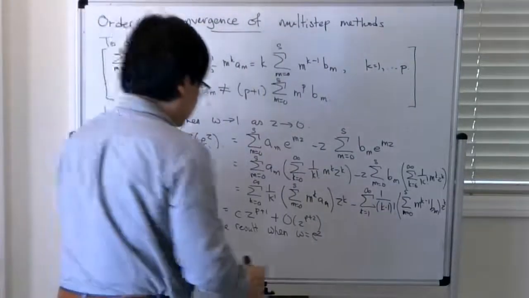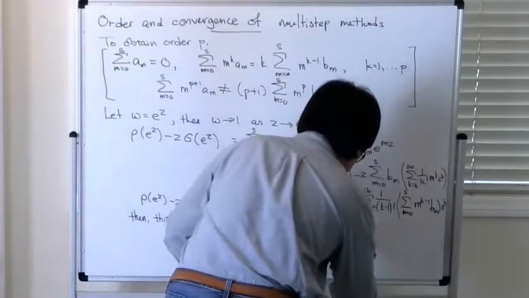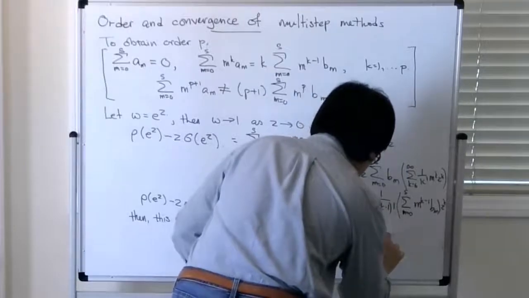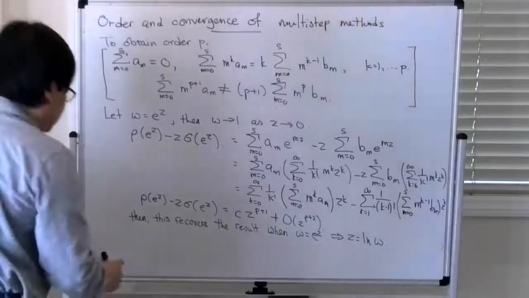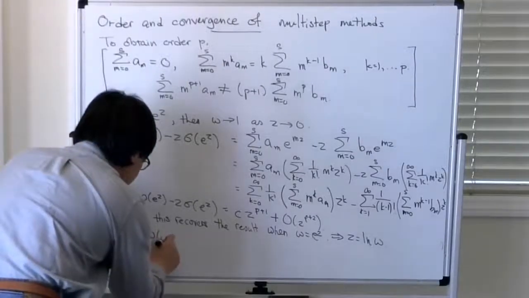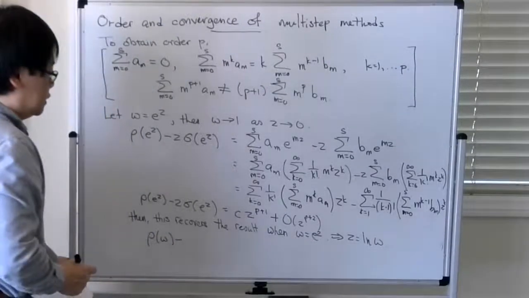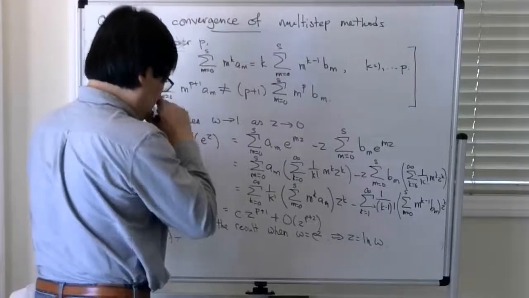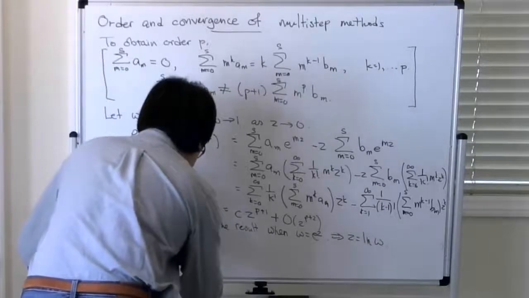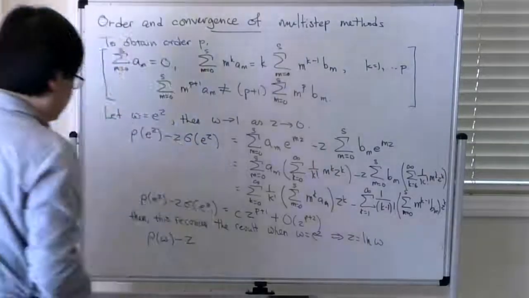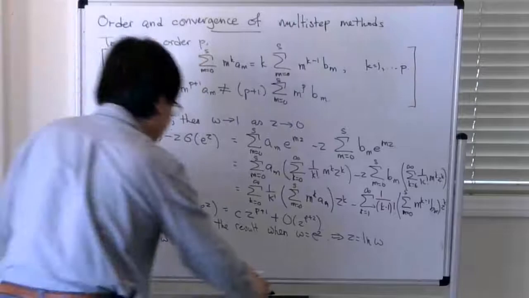So this means that z is the natural log of w. So this gives me rho of w minus big Z, where Z is the natural log of w.